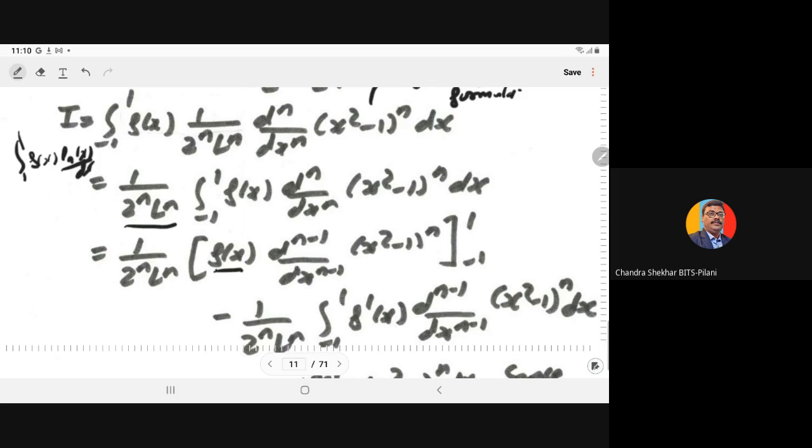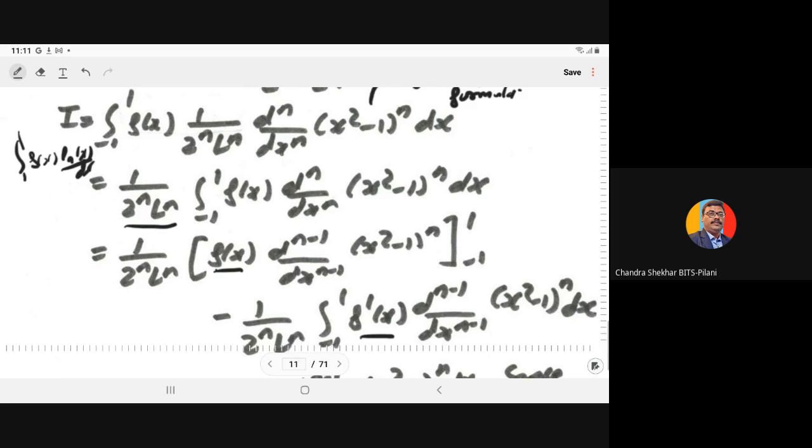Now the integral of the nth derivative is the (n-1)th derivative. So f(x) into the (n-1)th derivative of (x^2 - 1)^n, and then minus the derivative of the first function and the integral of the second function.